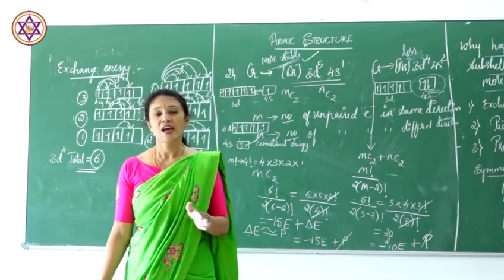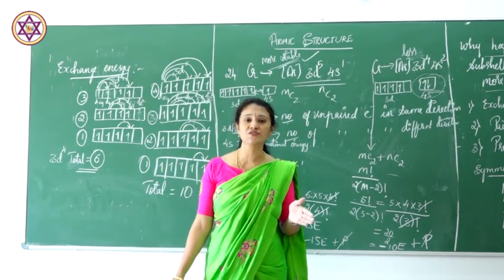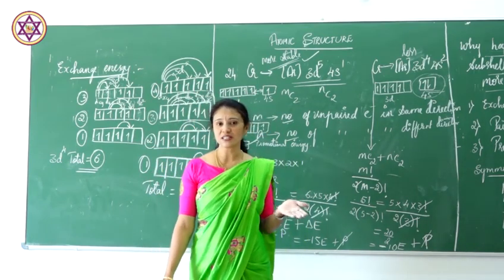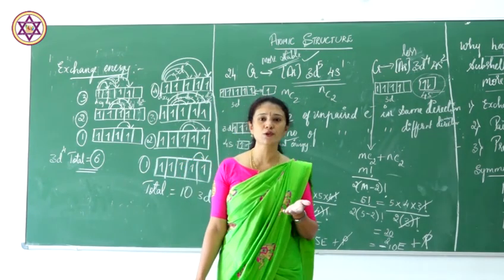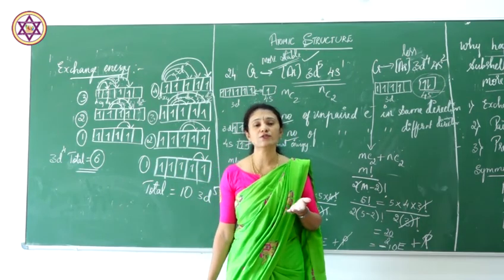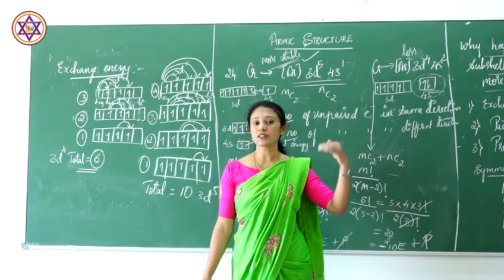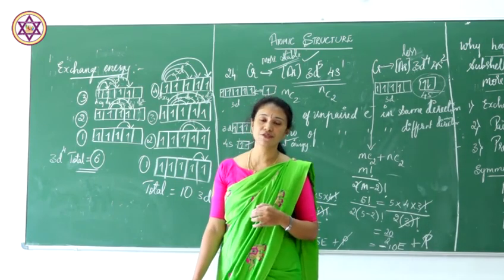In this session I have explained to you all completely about the filling of electrons, that is according to Pauli's exclusion principle, Hund's rule, Aufbau principle and the n plus l rule, as well as the exceptional cases of the filling of electrons in the electronic configuration of atomic number 30.